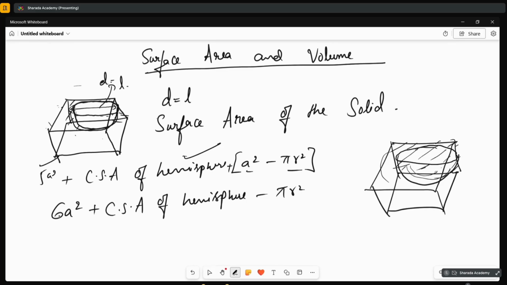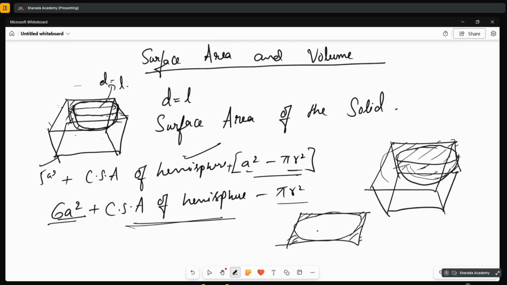So total it is 6a square plus CSA of hemisphere minus pi r square. In this one portion, the circle is empty, but I have to paint this thing. This area is a square minus pi r square. So that is the thing. Total it will be 6a square plus CSA of hemisphere minus pi r square.